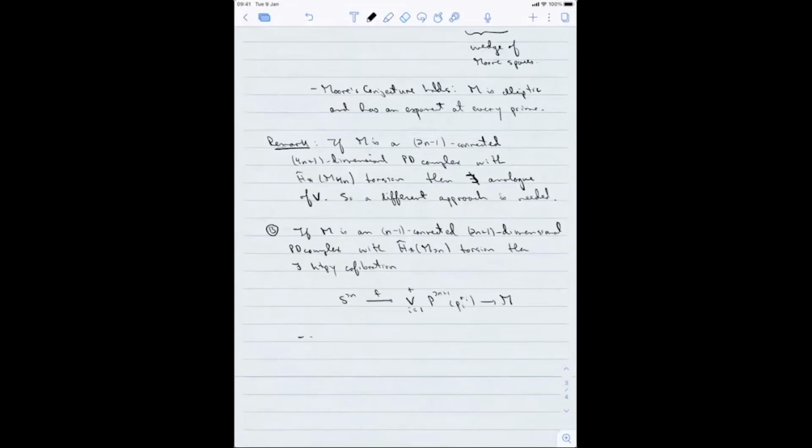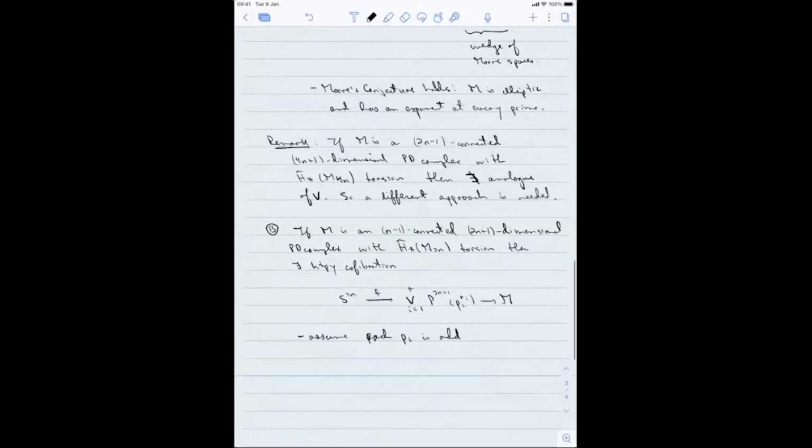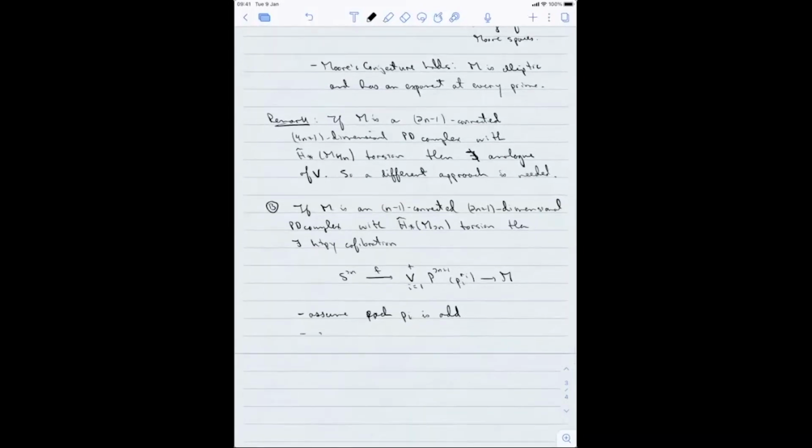And we're going to assume that each of these primes is odd, as before. And we'll assume that F is an attaching map of a certain form. All right, so this won't deal with all cases, but it will deal with some of them.